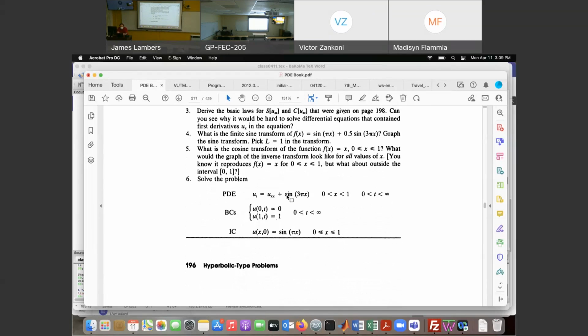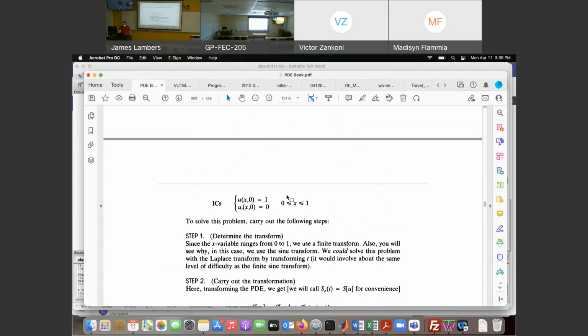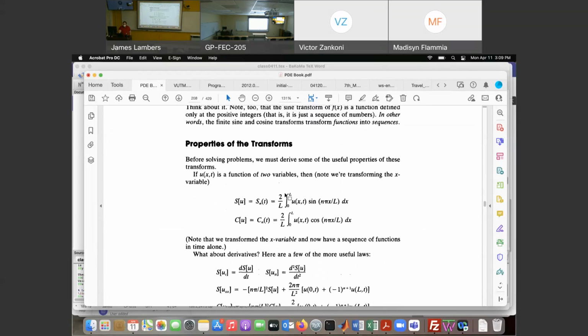Did you have to solve for u of x, t first and then plug it into the integral? Oh, no. Okay. This formula here is just how you take the finite sine transform of any function. So, in this case, since you're taking the transform of the entire PDE, you handle ut and uxx according to those derivative rules.